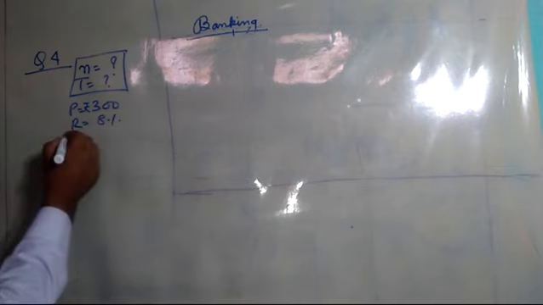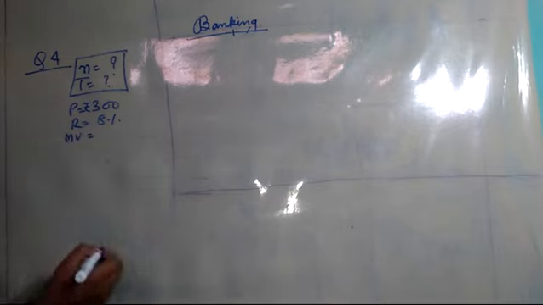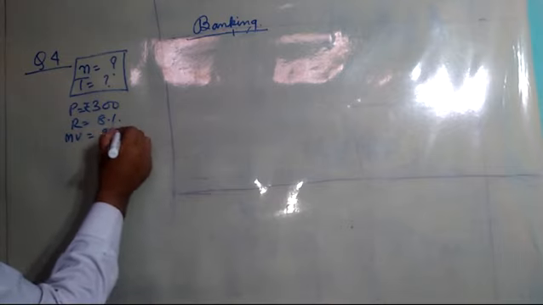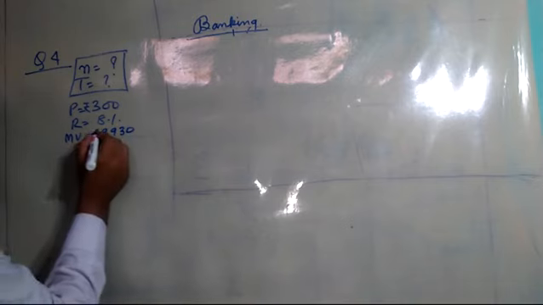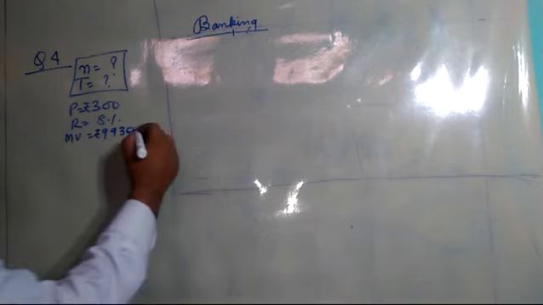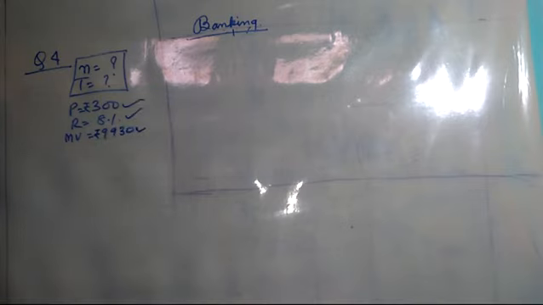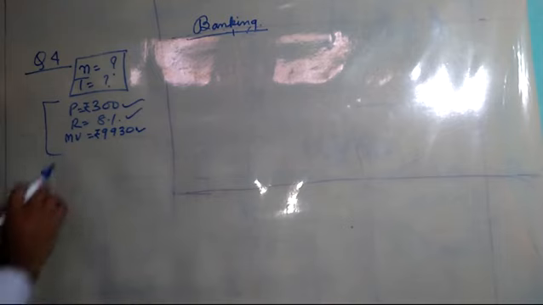Then we have maturity value MV is equal to 9930. Now in this type of question, when you have maturity value, principal and rate, all these three things given, then while solving you will get one quadratic equation, and I hope you must be knowing how to solve a quadratic equation.